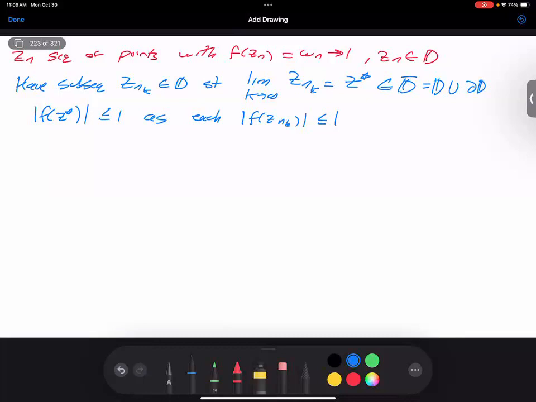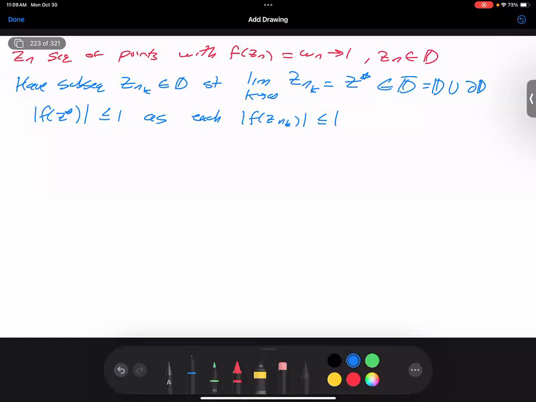So if we know that the value of f of z star is 1, then maximum modulus will imply that it's on the boundary. But it might not be 1. Well, what do we know about the z_{n_k}'s? We know f of z_n is w_n, and w_n is tending to 1. So eventually, it's got to be greater than 1 minus 1 over n, right?